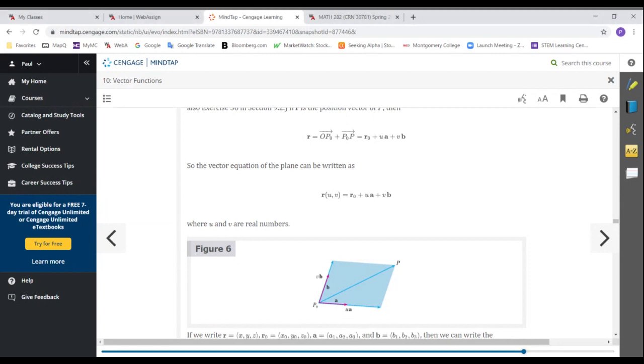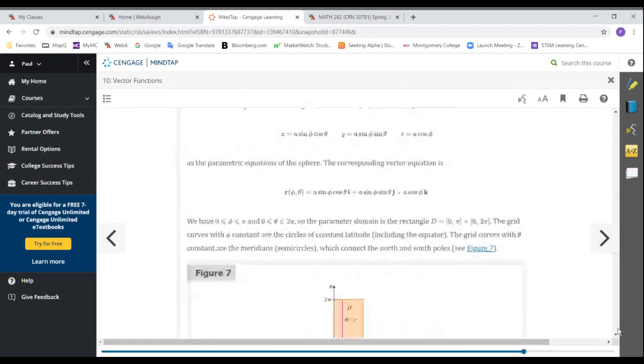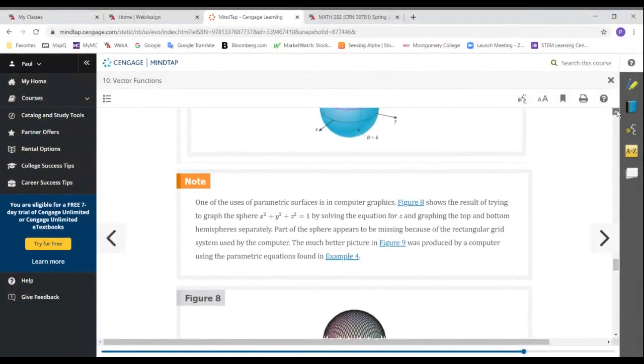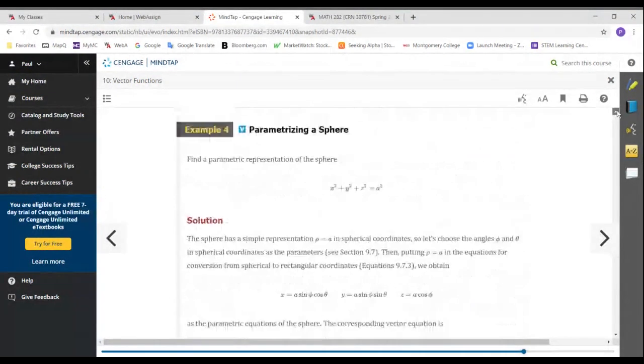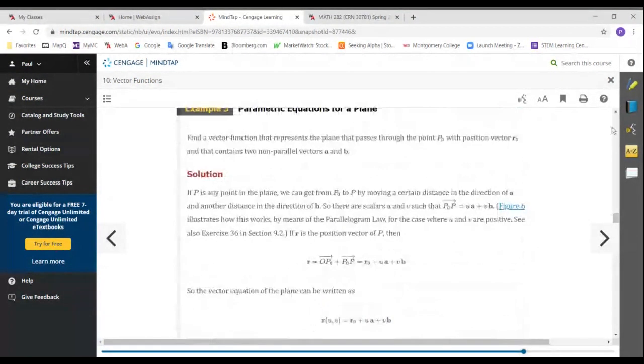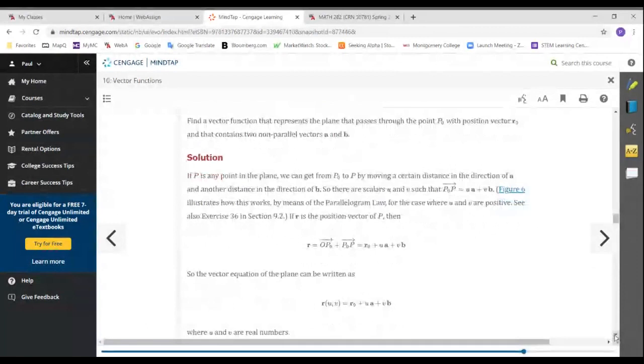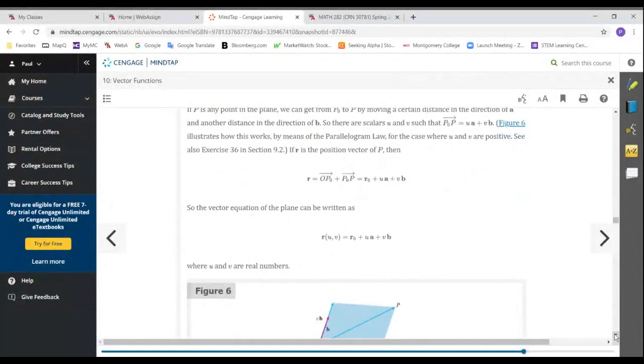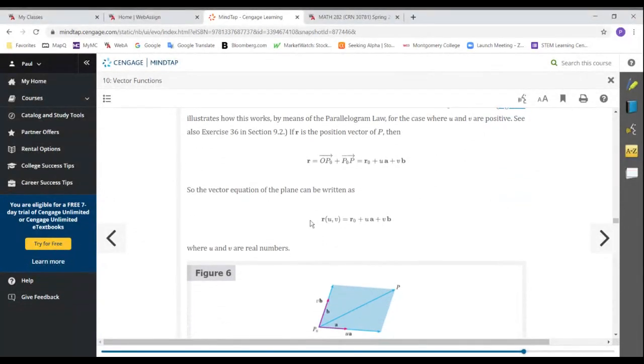And so the parametric equations for a plane in example 5 can be represented this way: some initial point r sub 0 plus the vector u times a plus the vector v times b.